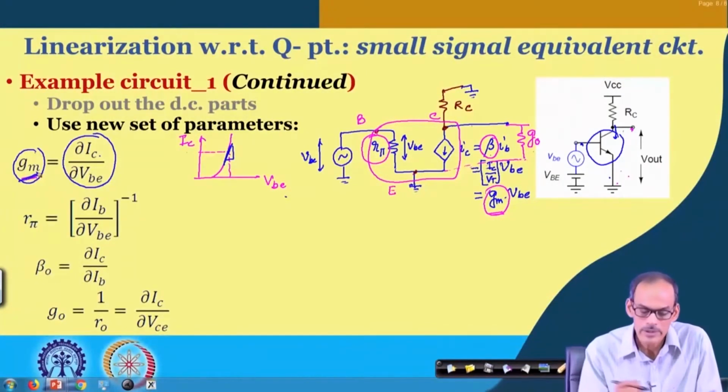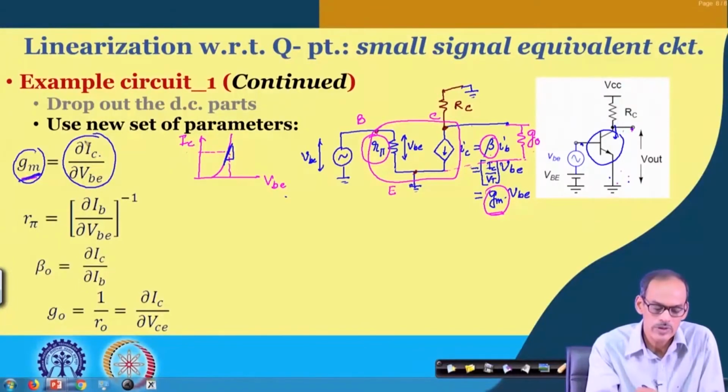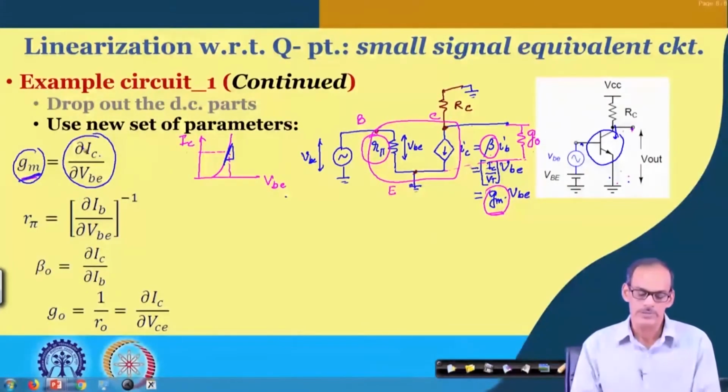Since I am keeping the other parameters constant, particularly the collector to emitter voltage, that is why we are considering this a partial derivative.